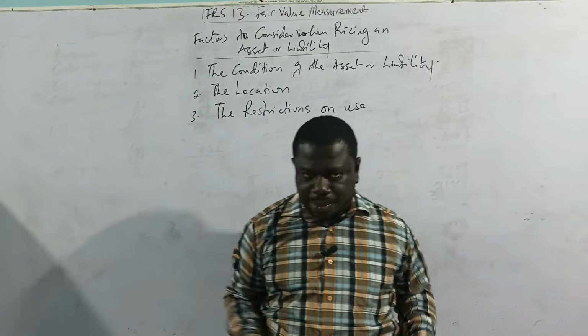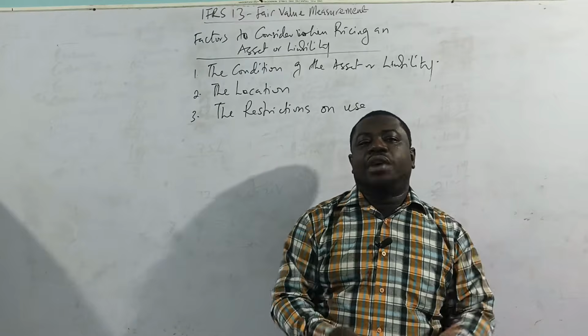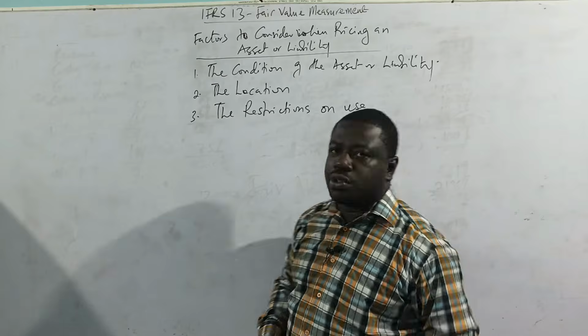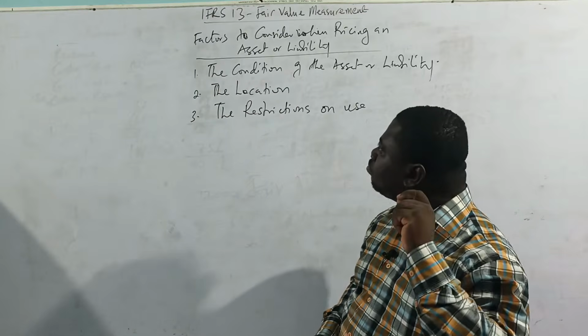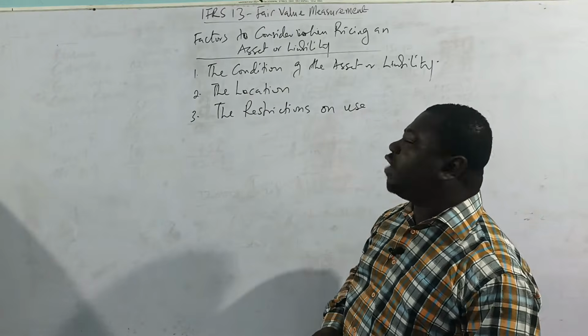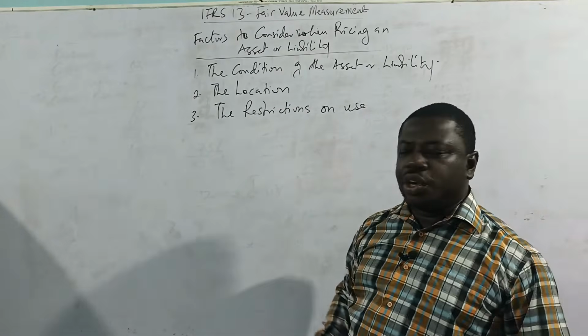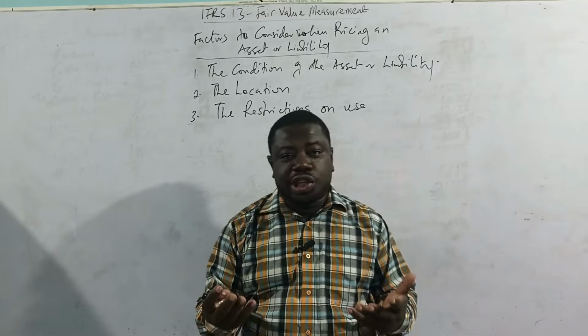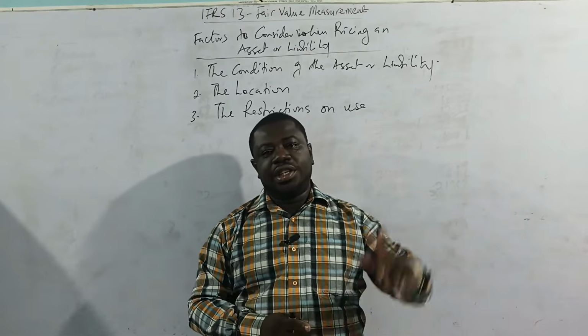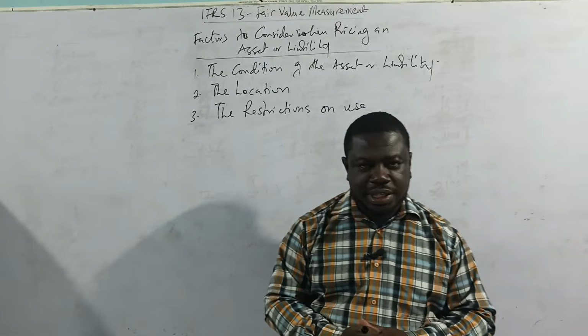So all that we are trying to say is that there are three factors you have to look at when pricing an asset. The first one is the condition of the asset or liability. The next one is the location. And the final one is the restrictions on use. These are the provisions given to us by IFRS 13 on pricing of your asset or liability.